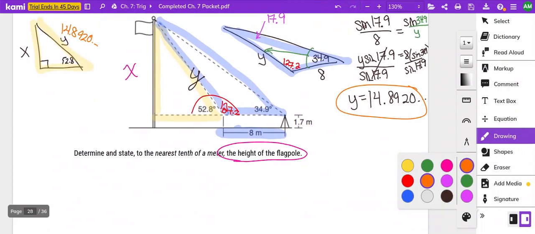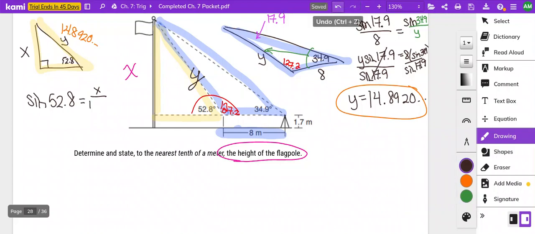And now I'm just going to use SOHCAHTOA, and this happens to be sine. So the sine of 52.8 is equal to opposite over hypotenuse. I'm just going to put the letter y there, I'll put the number, 14.8920.